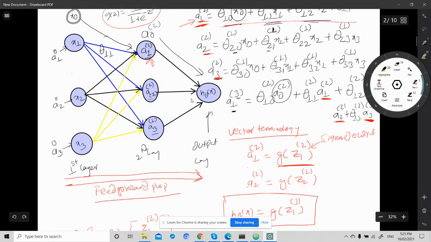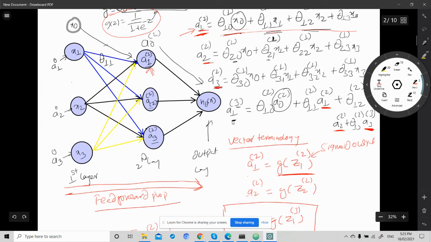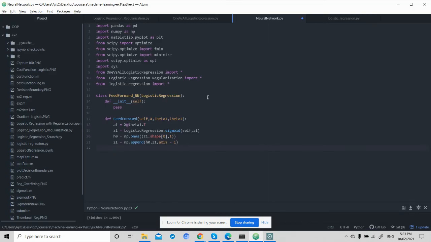Now the output of this becomes the input for my third layer. So now we will implement this. Now we will calculate this, which is the combination of this. So my a2 will be again z1 of theta2. So z1 is again my input, cross transpose, and then again I will apply my sigmoid function.